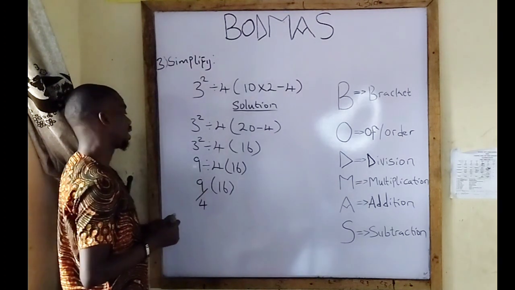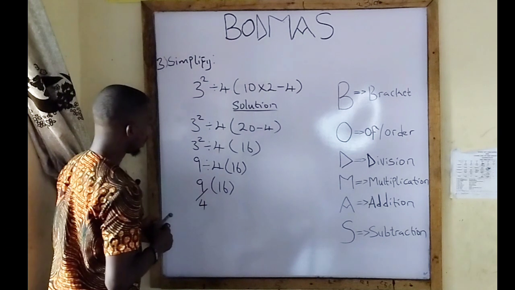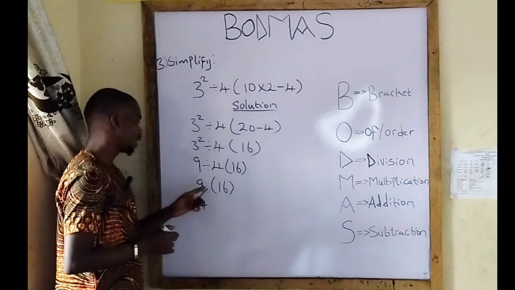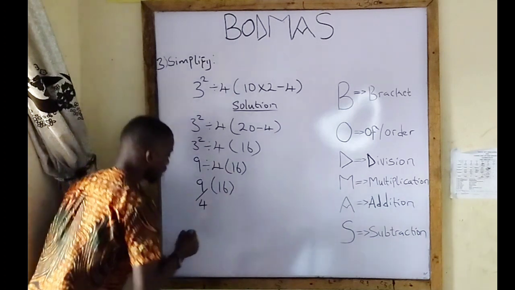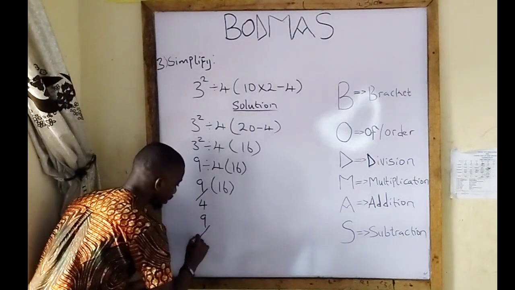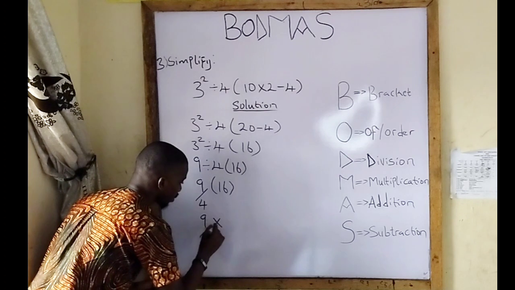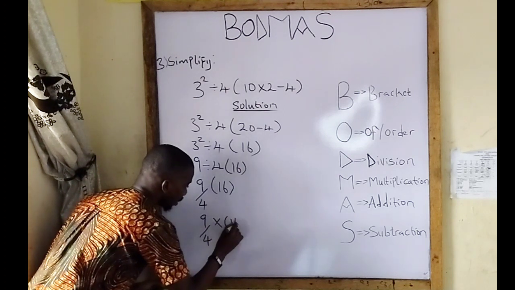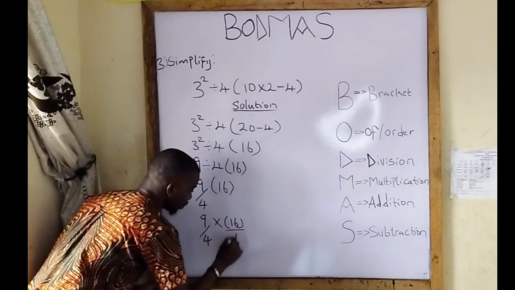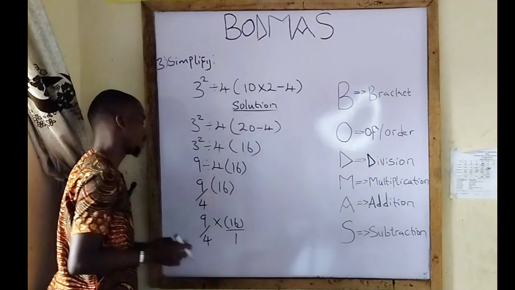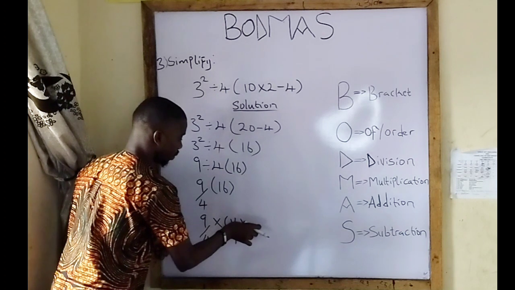What's binding these two expressions is multiplication. So we can write this as 9 all over 4 times bracket 16 all over 1. We write this in fraction form, which is all over 1.